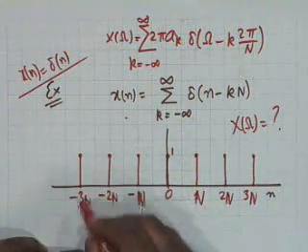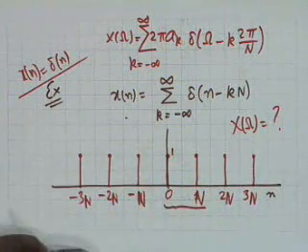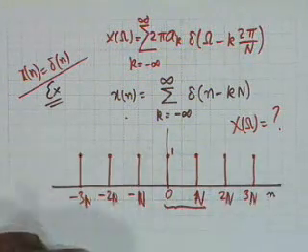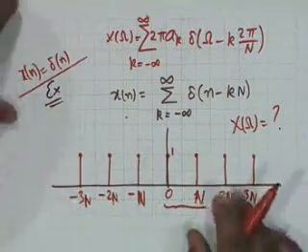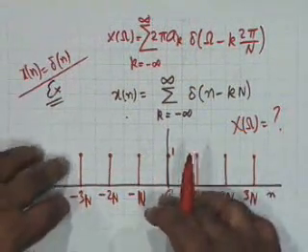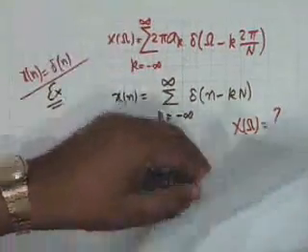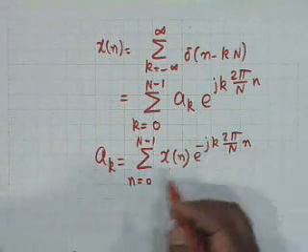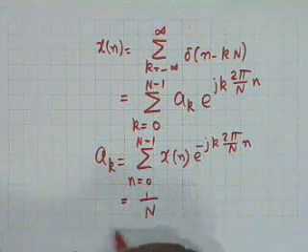Now within one period, that is 0 to N minus 1, there is only one sample, and therefore if you evaluate this summation, you just put n equal to 0, and therefore this becomes equal to 1 by N. I forgot a factor 1 by N.